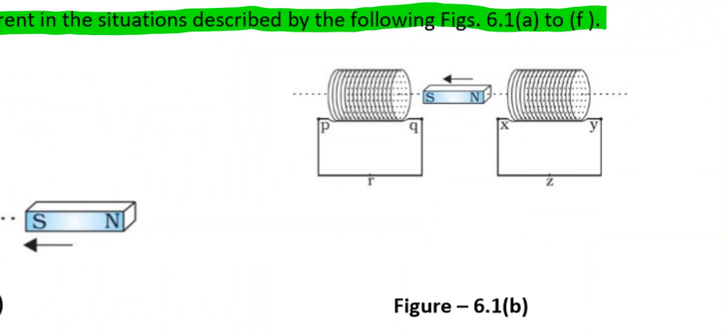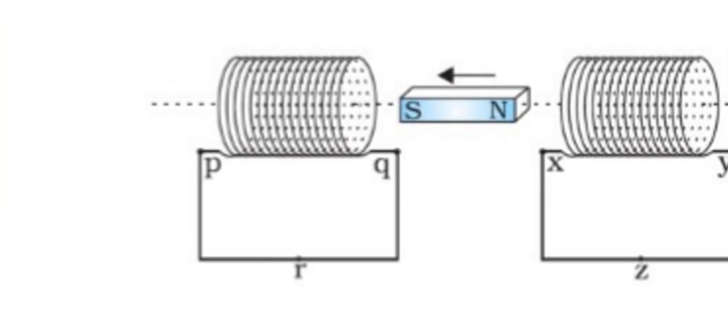Similar is the story here. Here also south is approaching and then the current direction should be like this. Curl your fingers in such a way that your right hand fingers are like this. Assume this is right hand. I know it's difficult to assume, but you can do it.